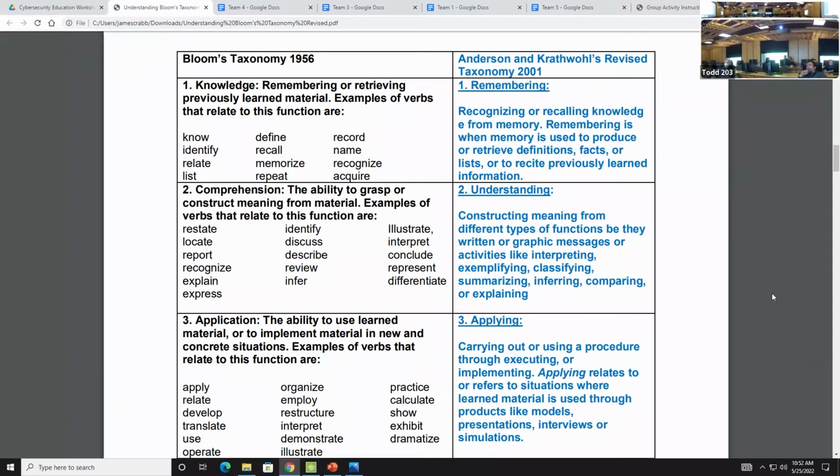Differentiate, comparing. Classifying, understanding, comparing, explaining, differentiating. That's understanding. Yeah, list two different types of attacks with the remember, and then understand and compare those two types, list their differences or similarities.